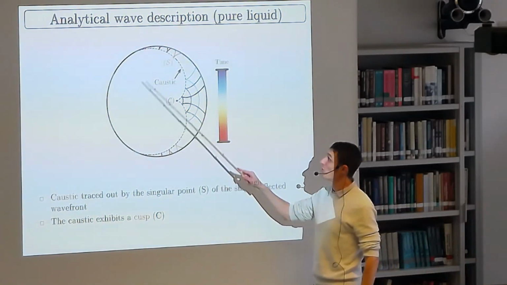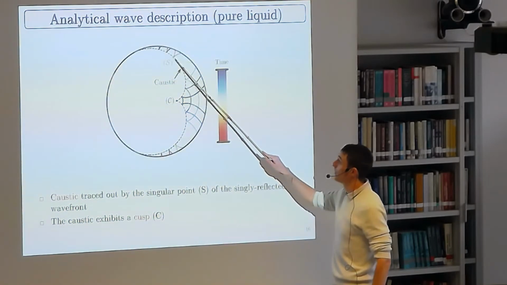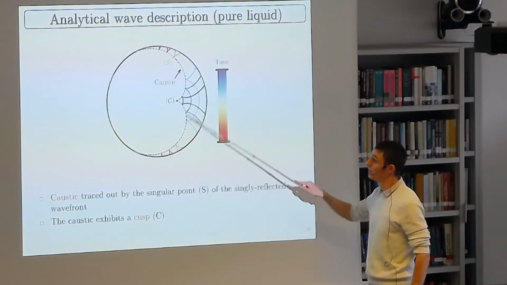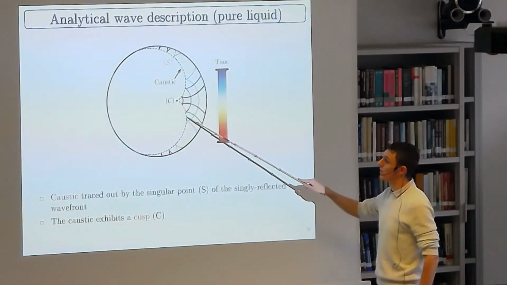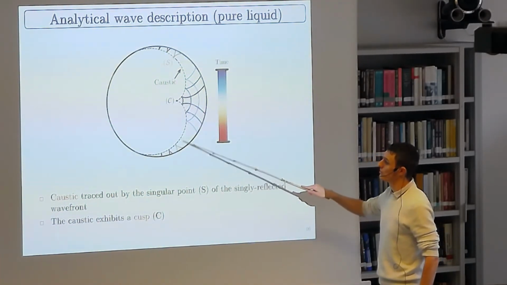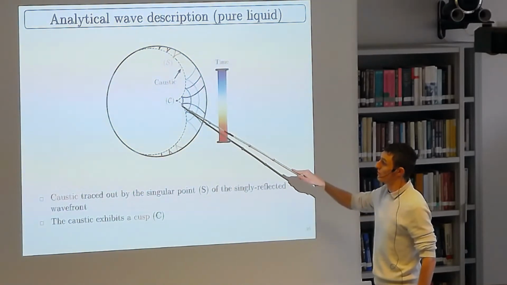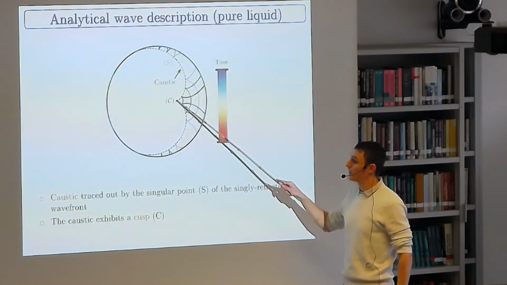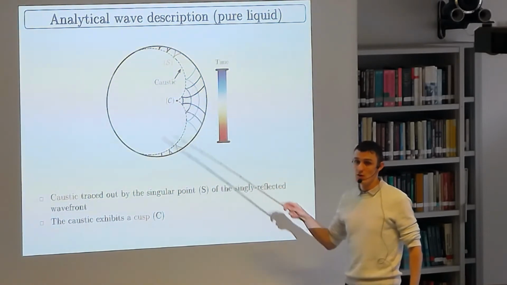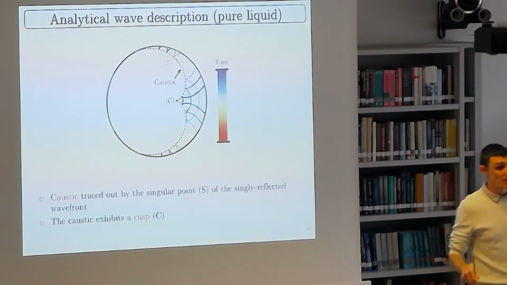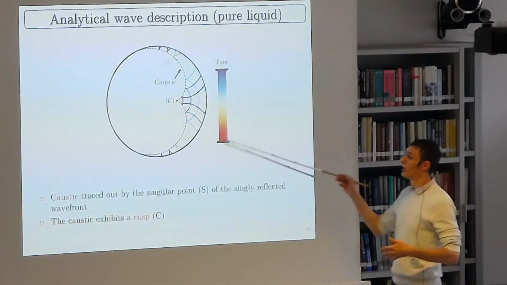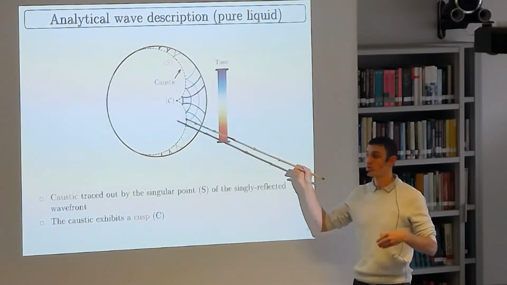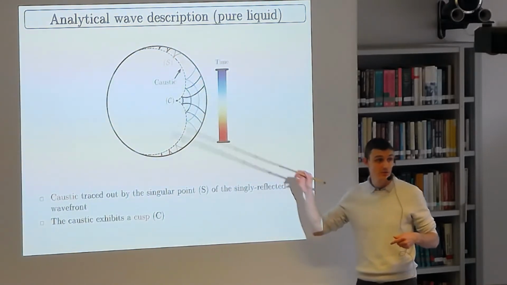You may end up with curves called caustics, which are the points where waves merge. This caustic then exhibits a cusp, which was supposed in the literature to be the point of maximum tension. So if there was cavitation, this is where it should happen.